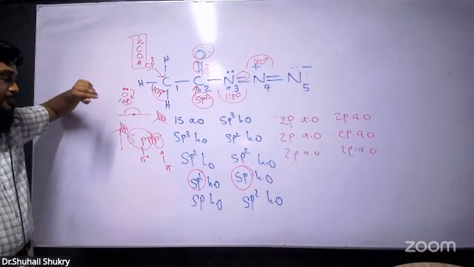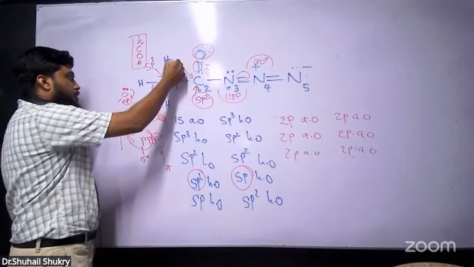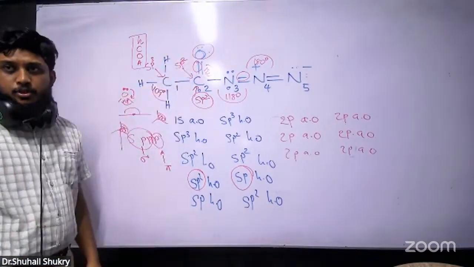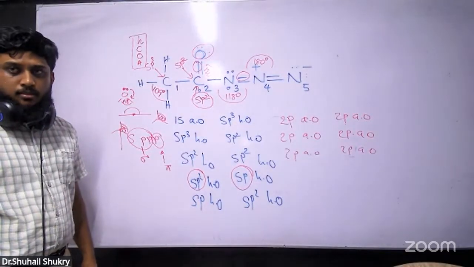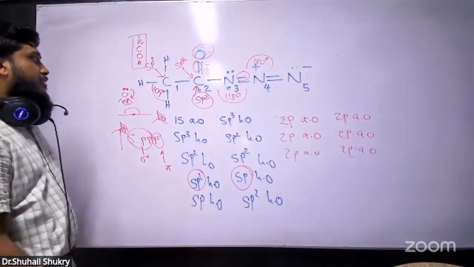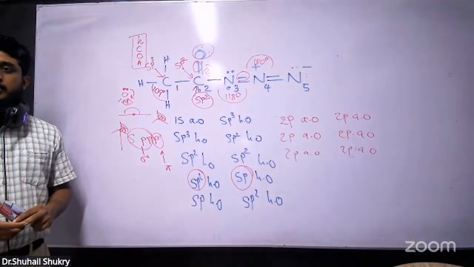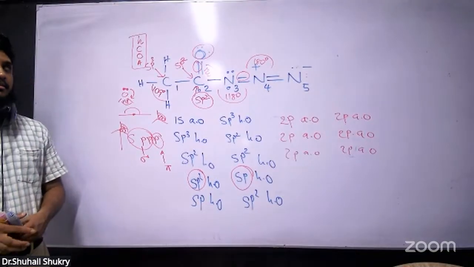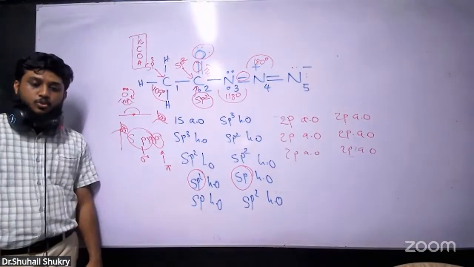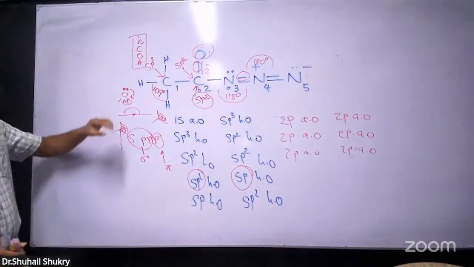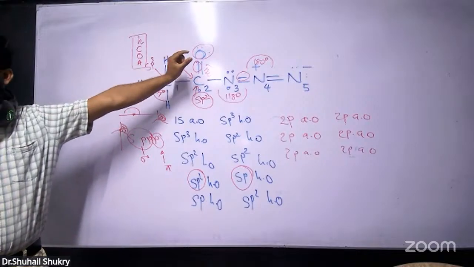Now put the hybridization: this one is sp3, this one is sp2. What do we see for hybridization? Sigma bonds and lone pairs. sp3 and sp2, which one is more electronegative? sp2 is more electronegative.